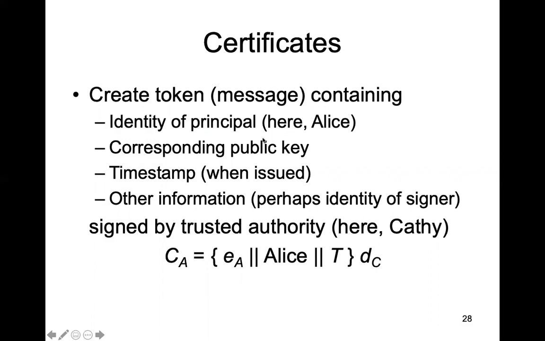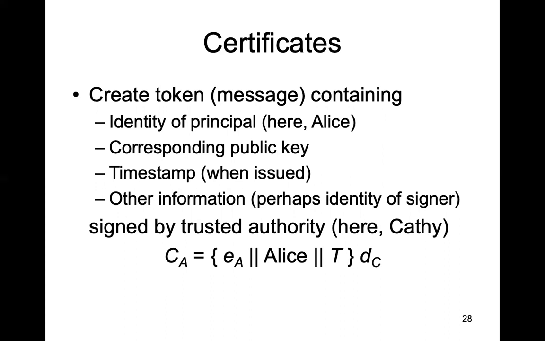That particular way of binding it, that message that binds the key with the identity, is called a digital certificate. So a digital certificate generally consists of the identity of the principal, some acceptable identity. It's going to contain the corresponding public key. It's also going to contain a timestamp of when the certificate was issued, and also perhaps some other information such as the person who produced the digital certificate.